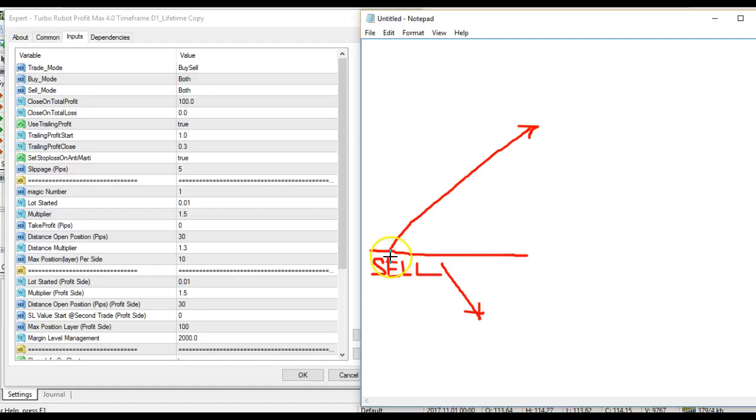So let's say a sell trade, and then the market reverses to the opposite side. Then you will have 1.5 here, 1.5, and you have your distance as well. I think we have discussed this in our previous video on the training manuals, so you can refer back on how this works.